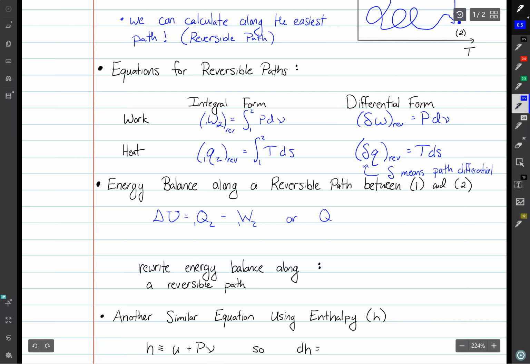Or we can rewrite this as Q equals delta U plus W. We can flip-flop it around with some algebra, or we could divide by mass and have, let's put Q out front, Q12 equals delta little u plus little w, or we could take the differential: dq reversible equals du plus dw.